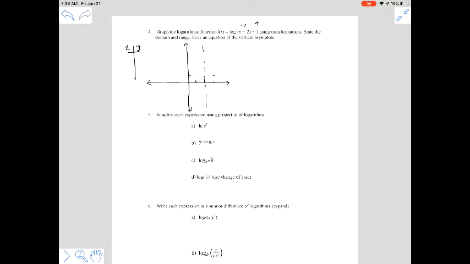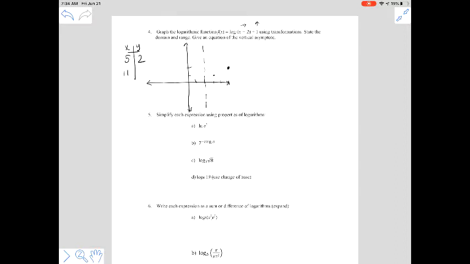So if I plug in a 5 for x, 5 minus 2 is 3, log base 3 of 3 is 1, and then 1 plus that 1 there is 2. So I know (5, 2). 1, 2, 3, 4, 5. I know (5, 2) is a point on my graph.